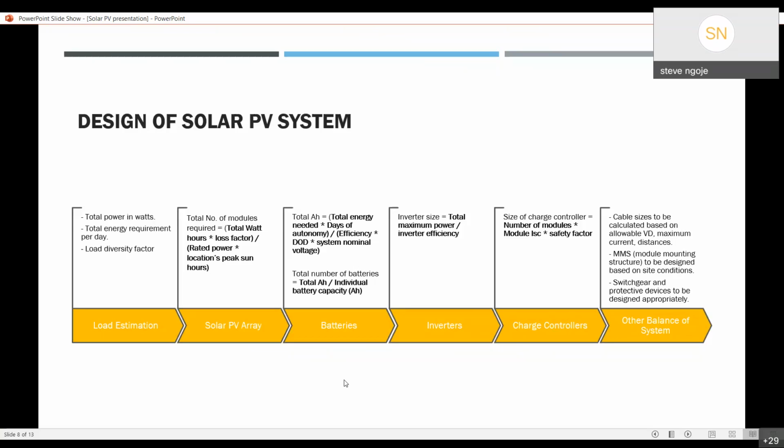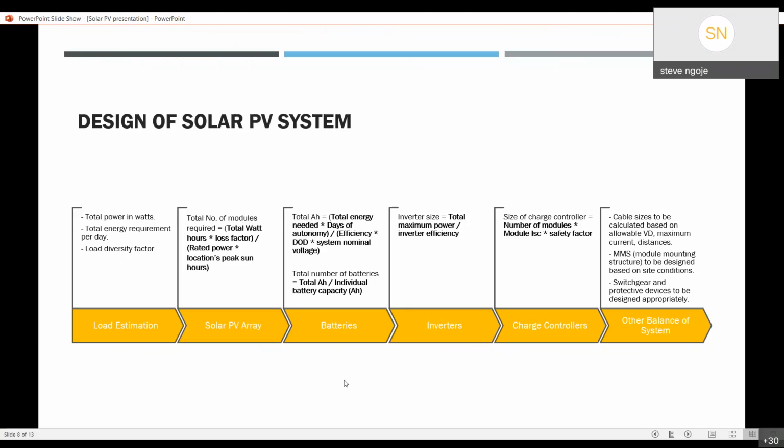For some places like Kisumu, it's a little bit higher. Some places it's 3. So it depends on the general climatic conditions of a given area. I'm going to use 4 hours. So it's 1,200 divided by 550 times 4 hours. That will give you the total number of modules you require.